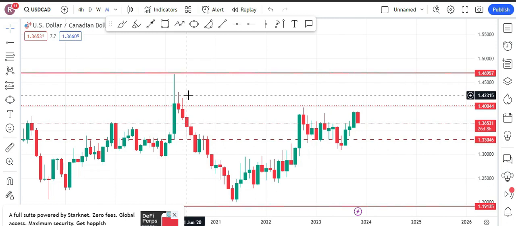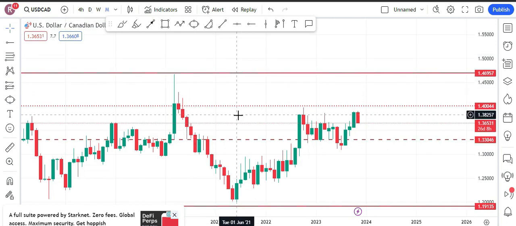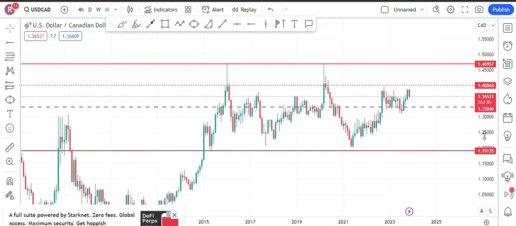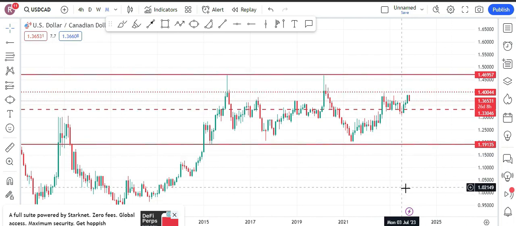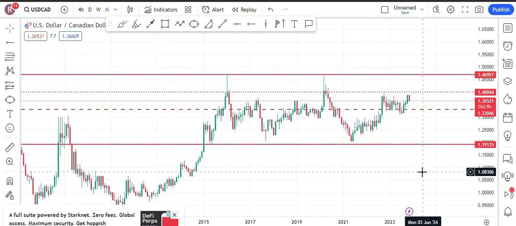In USDCAD, if you see, this is a monthly time frame right now. This is basically ranging for a long time. If we keep in mind, it is ranging from 2015 till date, and the range on the top is 1.4650 and the bottom we can see here is 1.1951.